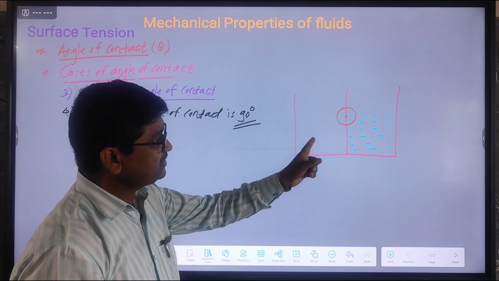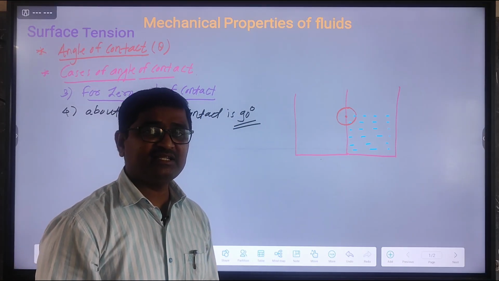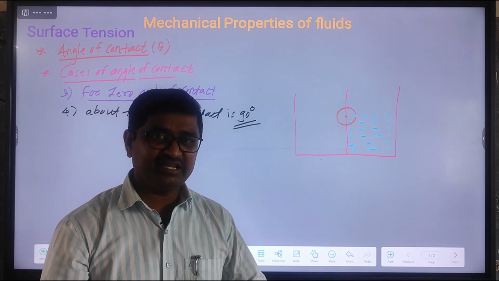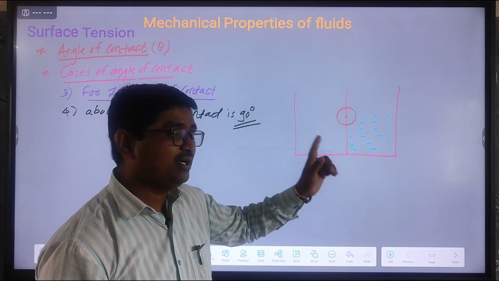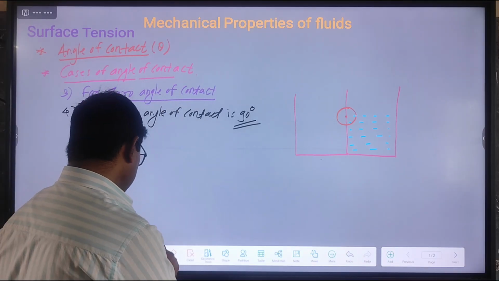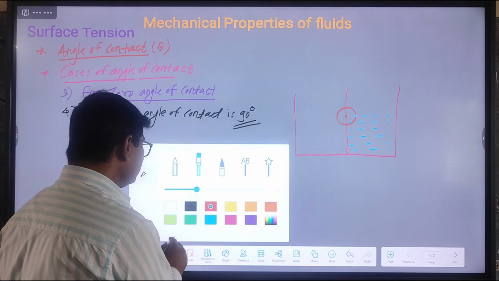Clear? When the solid is in contact with liquid, imagine that the liquid is hypothetical. Hypothetical means imaginary, considered liquid. I don't know which type of liquid will be there, so that is hypothetical liquid.